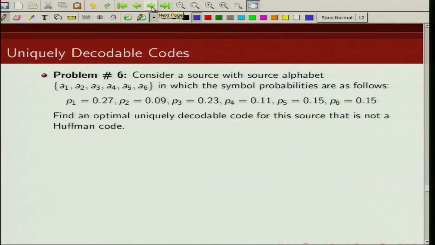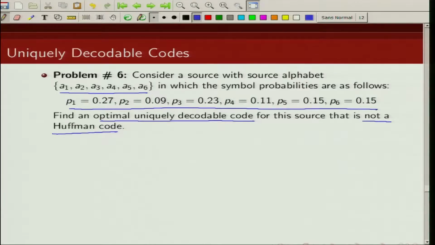Now in this question you have been asked to design an optimal uniquely decodable code which is not a Huffman code. Now what are the properties? So here you have been given a source with source alphabets given by this, and the symbol probabilities are given by this.